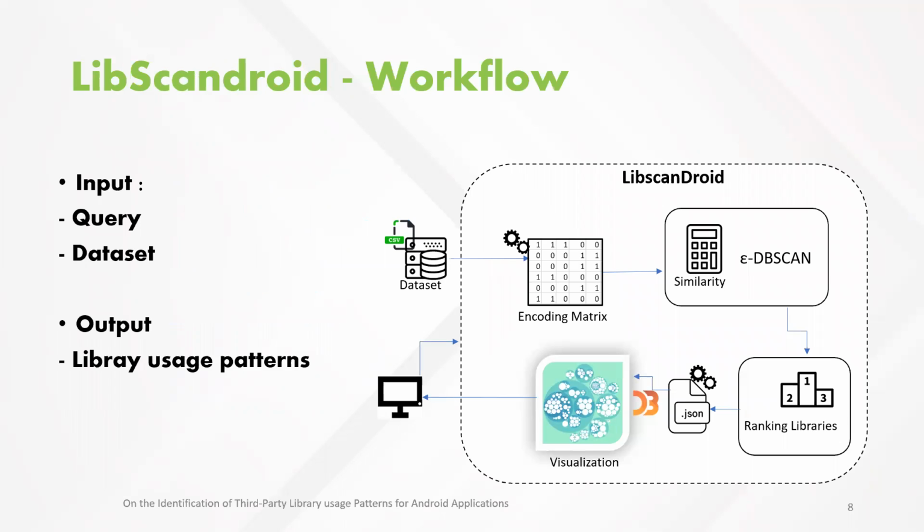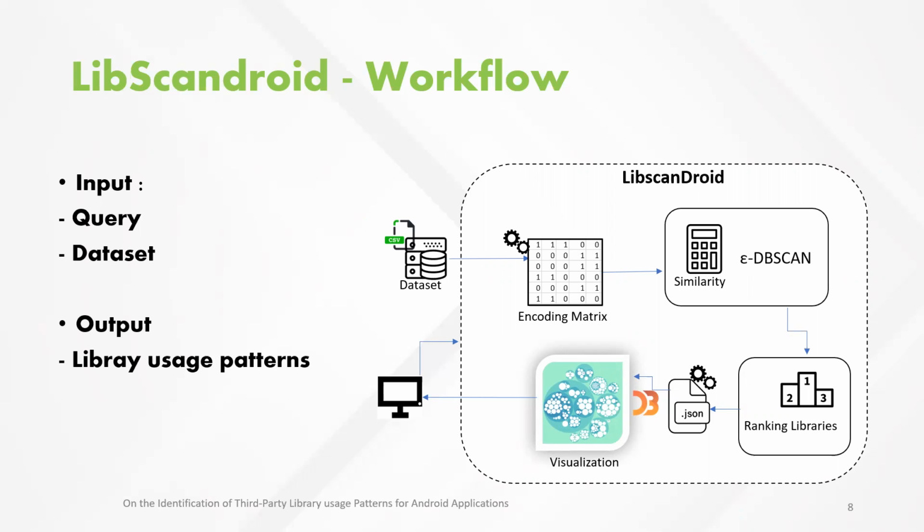Scandoid takes as input, first, a query from the developer who is looking for a new library recommendation based on a currently used library in his Android app. And second, a data set in the form of third-party library usage records from a set of available apps on Google Play Store.